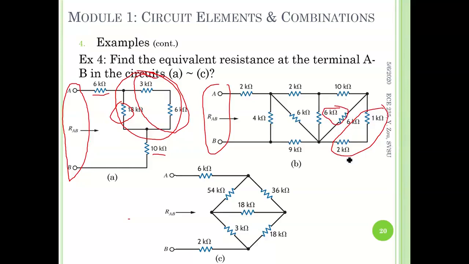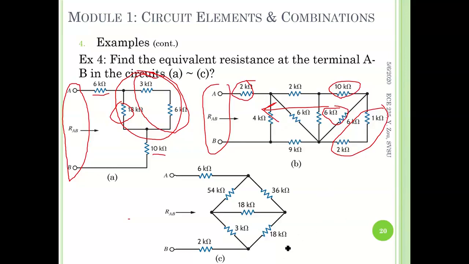After combining these two parts, you see another series with 10K. And so on and so forth, move towards the beginning of the circuit. And at last step, you can imagine that actually series with this 2K up here. Right? So try yourself to see if you can get the correct result.